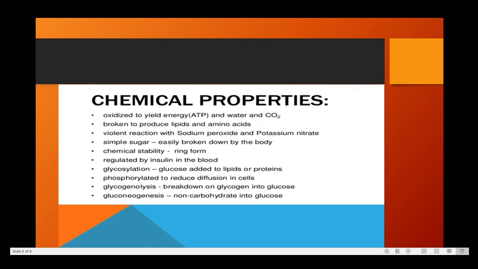Glucose undergoes glycosylation. That means glucose can be easily added to lipids or proteins. Glucose molecules are phosphorylated to reduce diffusion in cells. Then our body can break glycogen to produce glucose by the process of glycogenolysis.